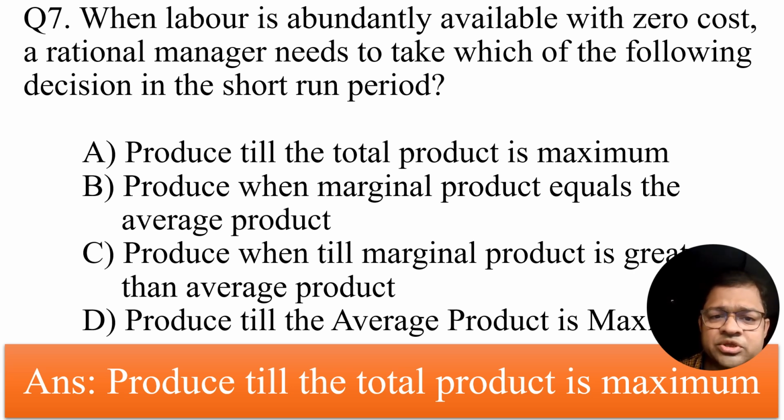In all these circumstances, remember that if you know the price of the input or the price of labor, the decision making process will change accordingly. But in this particular question, labor is abundant, very cheaply available, almost negligible in cost. So you try to produce as much as you can. That's the correct answer.